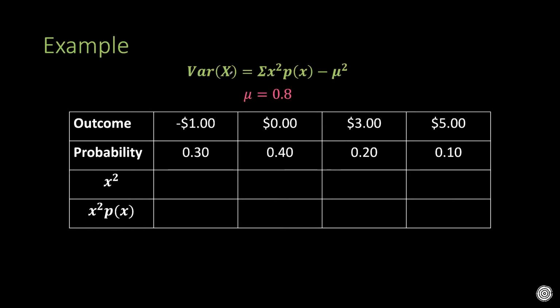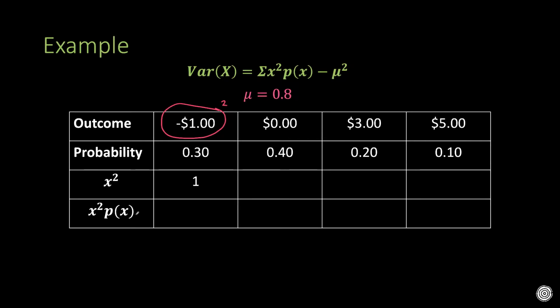For variance, I've chosen this formula. Again, it doesn't matter which one you use. I've chosen the one where we square our value, multiply it by its probability, minus mu squared. We already know mu is 0.8. We just found it, it was our expected value. I've got 2 rows here, which is what was given to me, and then I've added an extra 2 rows, x squared and x squared times p of x.